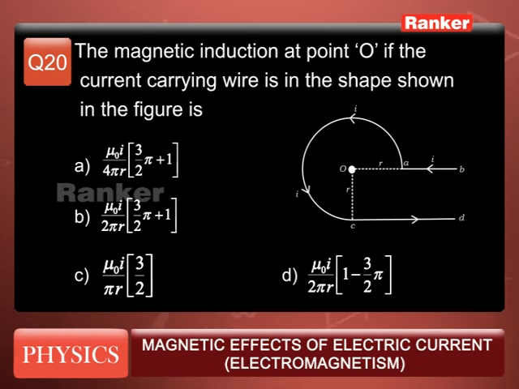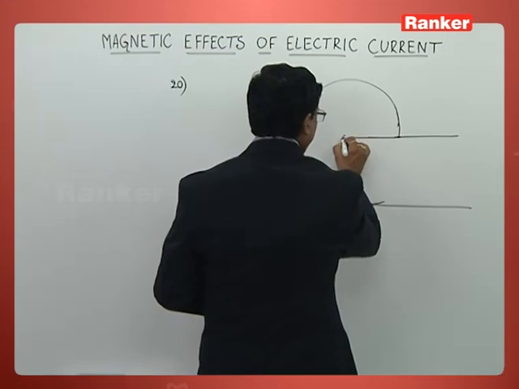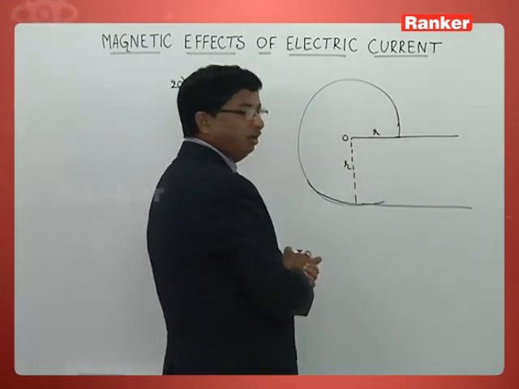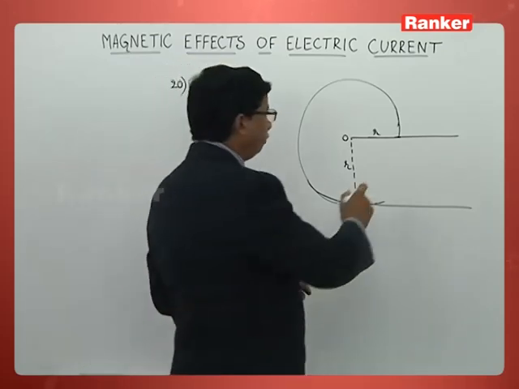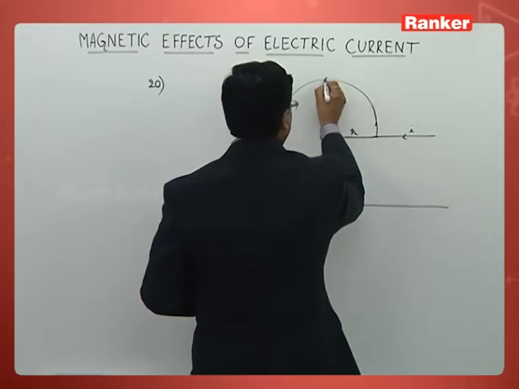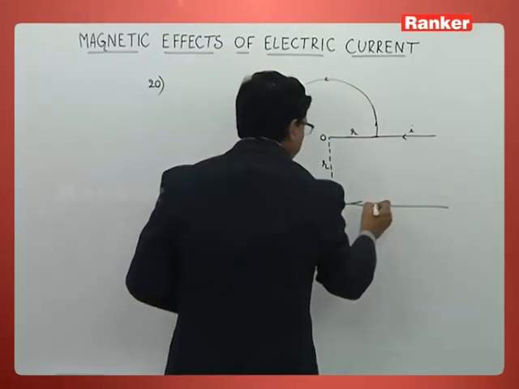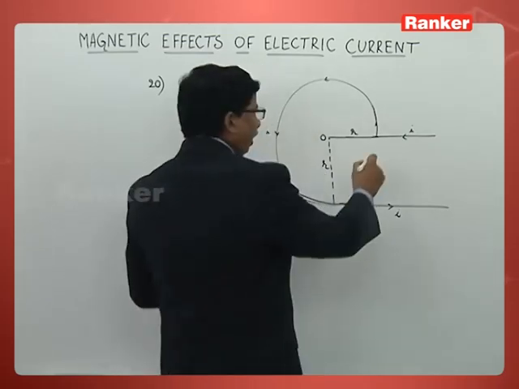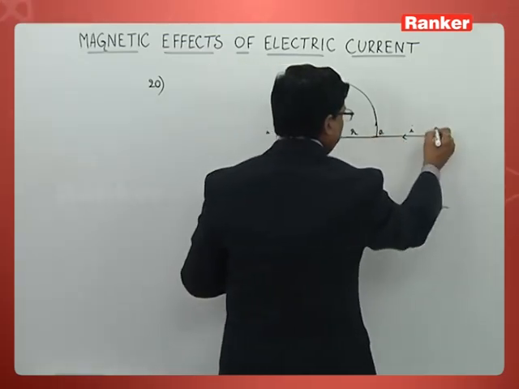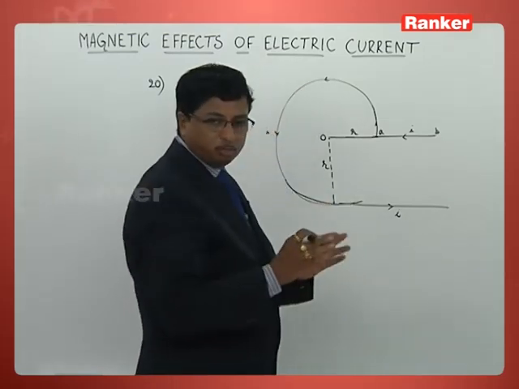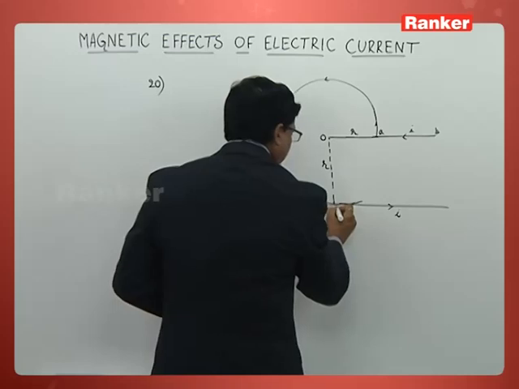So what is he talking about? This is point O. This is radius R. This also is radius R. He has mentioned a few points: the current is entering this way, going this way, and now exiting like this. This is the current. And he has given this point as A, this point as B. Right? And there are two more points he has given, one as C and one as D here.